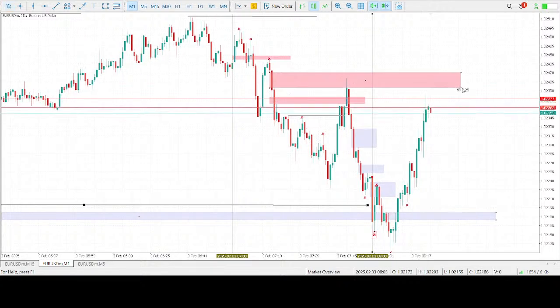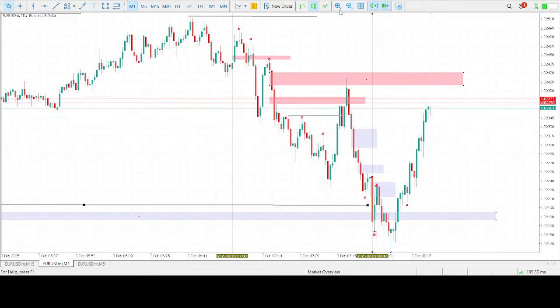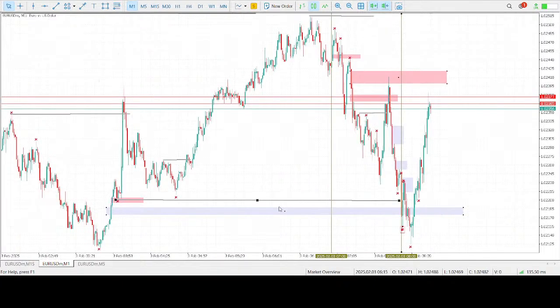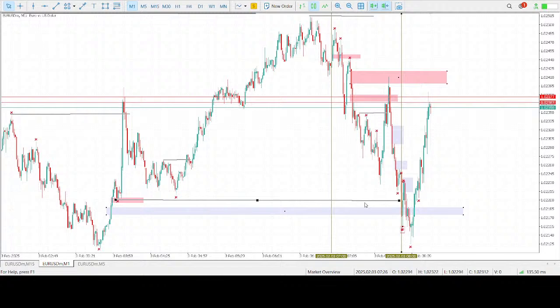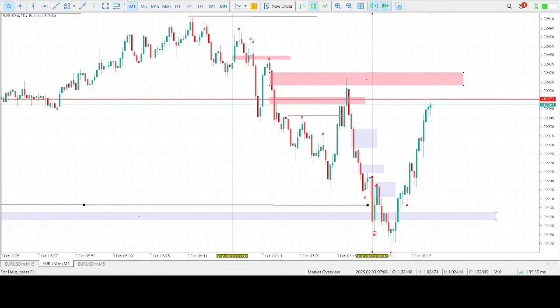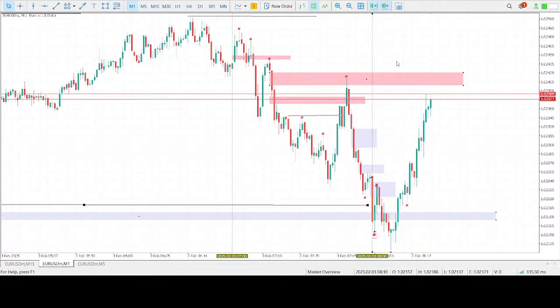Based on what price has done down here, it took out liquidity beneath here, and then the liquidity on the buy side rests starting from above these equal highs here, and then running off of that.